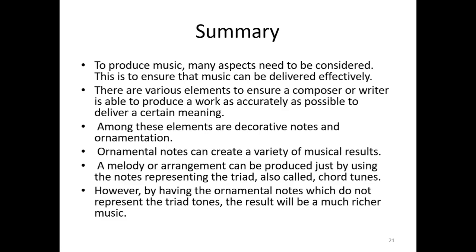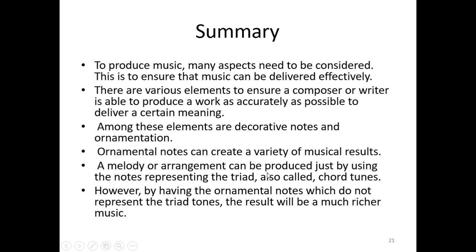So in the summary, we'll just see what we are talking about. We said to produce music there are many aspects that need to be considered, and also there are various elements to ensure that a composer or writer is able to produce a work as accurately as possible. And then we are talking of the decorative notes, which are ornamentations, and an ornament note can create a variety of musical results.